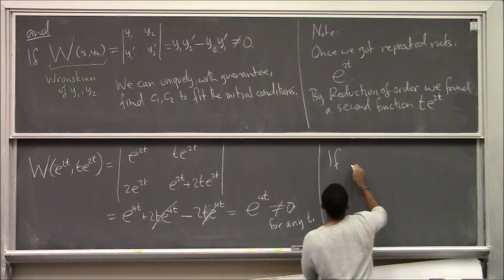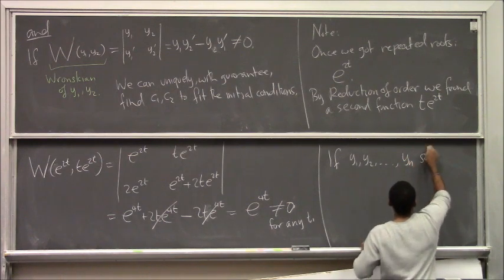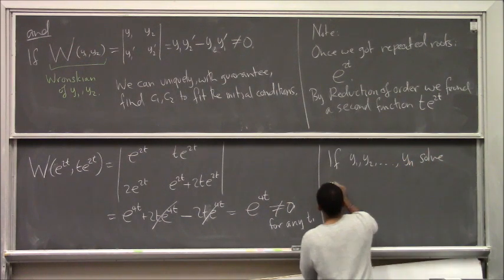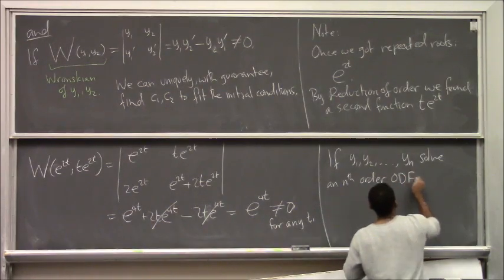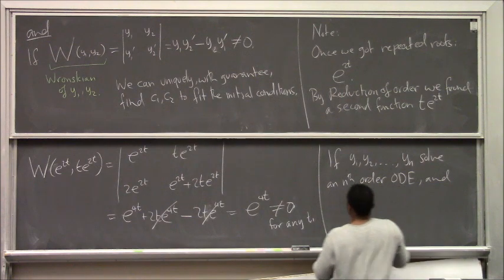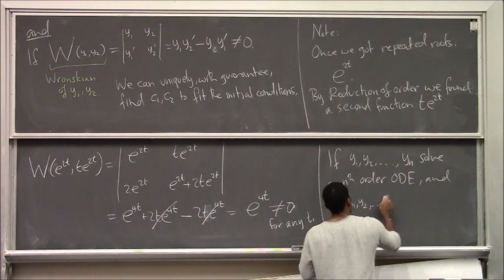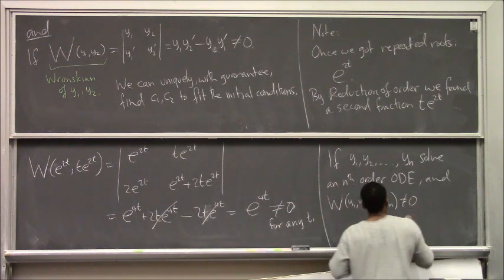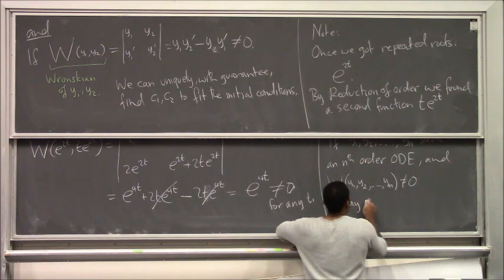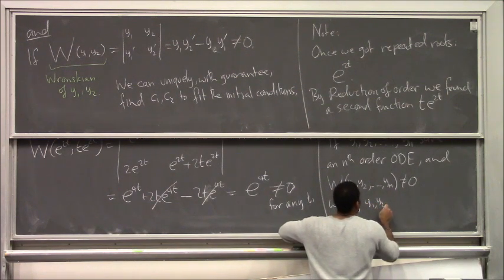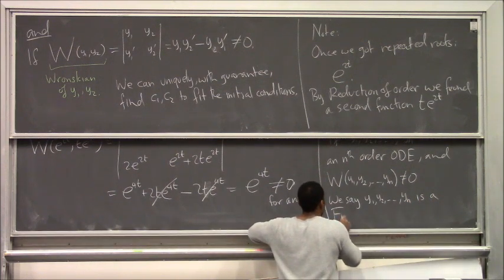If y1, y2, yn solves an nth order ODE and the Wronskian of y1, y2, yn is not 0, we say y1, y2, yn is, we call it a fundamental set of solutions.